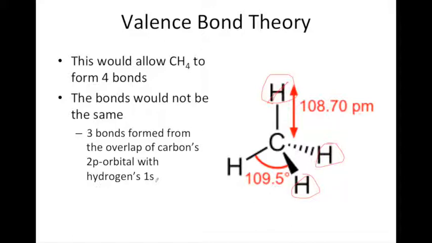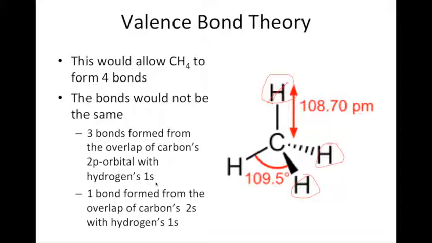But the 4th bond would be formed by carbon overlapping its 2s electron with one of hydrogen's 1s. So this bond, the bond that's formed by the overlap of the 2s and the 1s, would have different strength and different bond length than the other 3.